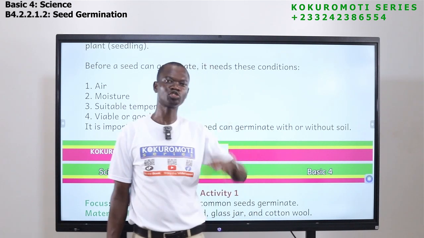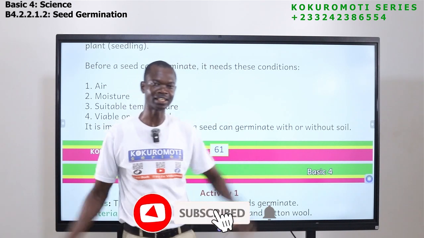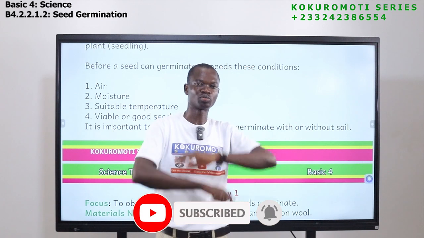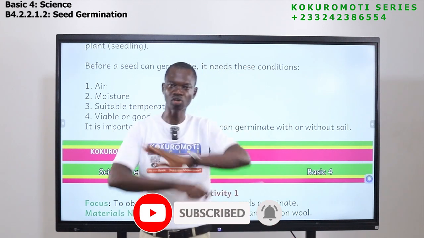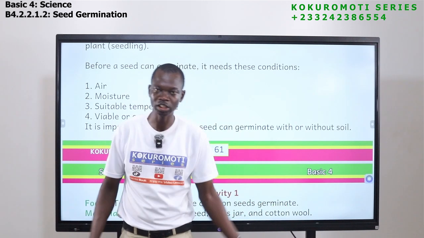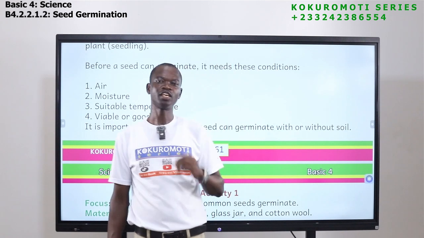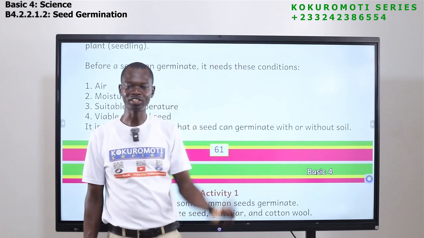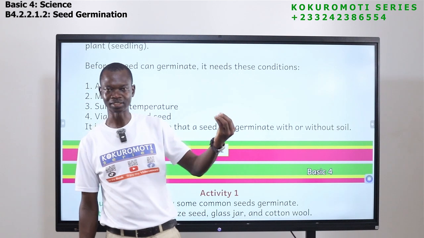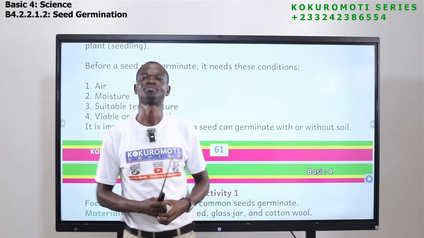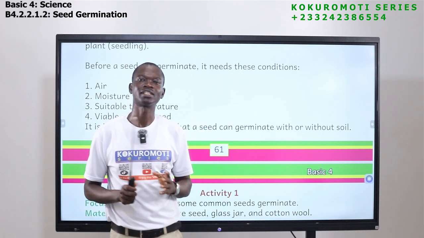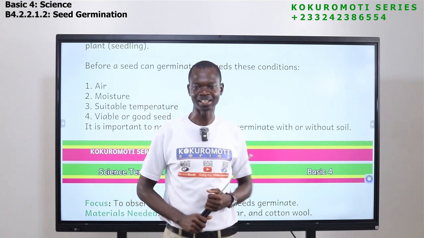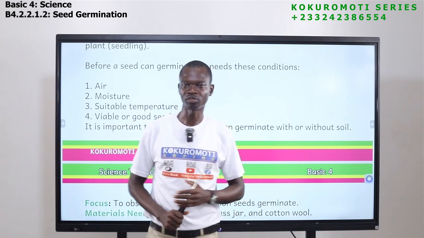If those things are not there, the seed will be there and it will die. It will rot. You will not see it again. No young one will come out. If you put your seed in the soil and you want it to develop a new plant, there are some things you have to make sure are there. That is what we are going to look at.